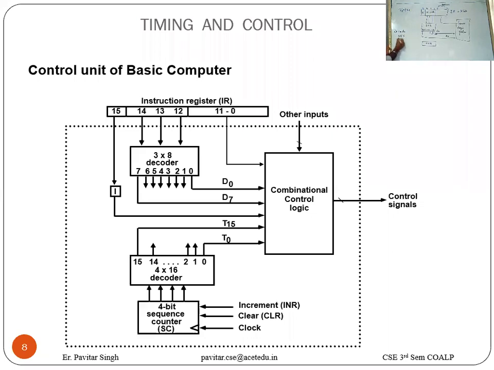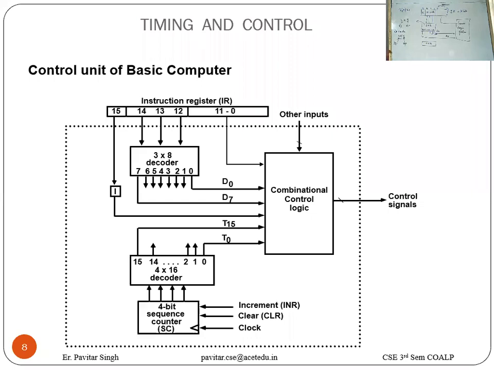In the same way, the earlier 3 into 8 decoder has 3 inputs and 8 outputs. Its inputs are the operation code, bits 12, 13, and 14, which are converted to 8 outputs, D0 to D7.